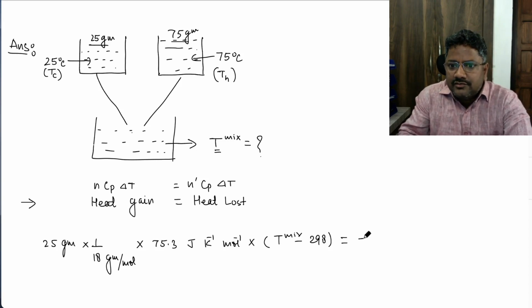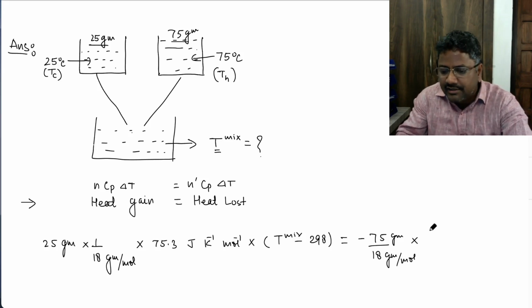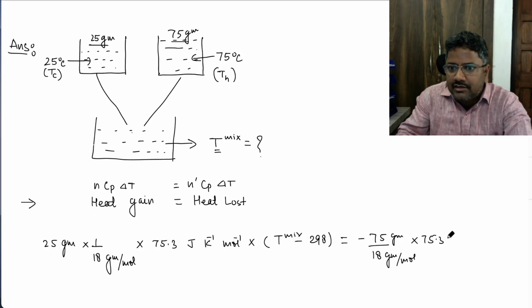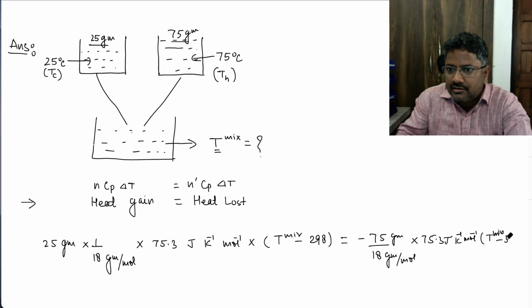So heat loss means you should put a negative sign here, and this is 75 grams. So 75 gram divided by 18 grams per mole, into Cp, the same 75.3 joules per Kelvin per mole, and delta T is T mixture minus 348, 348.3, right?